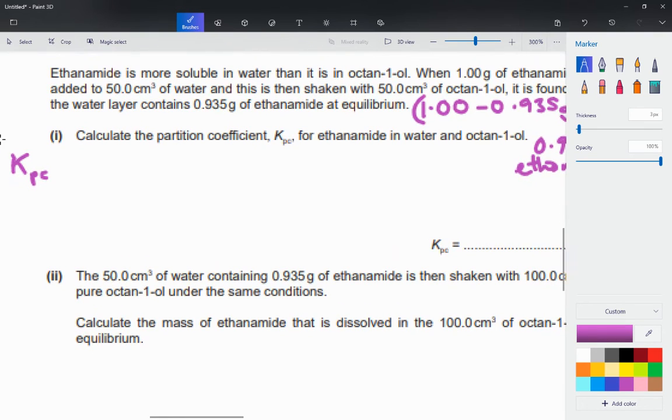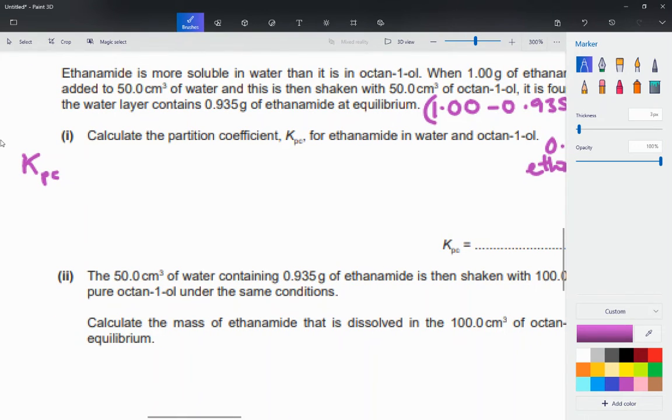Okay, so because the ethanamide started off in water, if this was a situation where you had reactants going to products, you would put your reactants underneath as a denominator when one's talking about equilibrium equations. So because it starts off in water, you actually put the concentration of the ethanamide in water at the top.